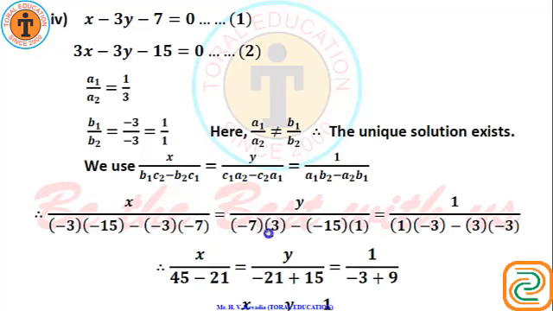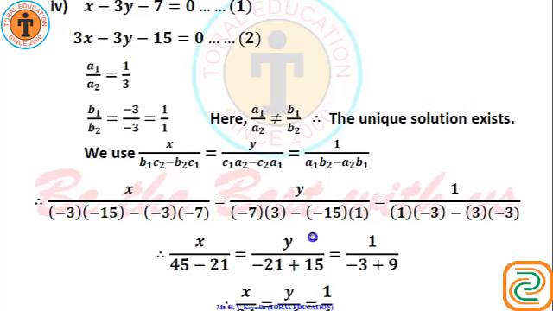Minus 3 sevens are minus 21. Minus 7 threes are minus 21, and minus 15 ones are minus 15. 1 into minus 3 is minus 3, and 3 into minus 3 is minus 9, right?